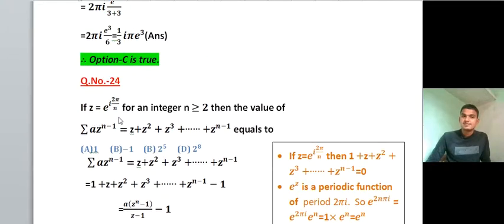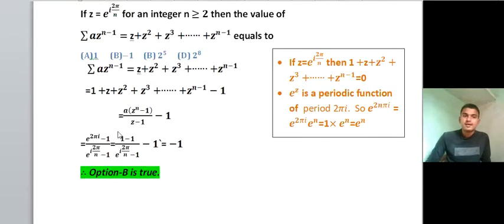You can see in the question, z is equal to e to the power i 2 pi by n. Here you will substitute it, so e to the power i 2 pi divided by n will be cancelled, giving e to the power 2 pi i minus 1, divided by z, so instead of z you will write e to the power i 2 pi by n minus 1. e to the power 2 pi i is equal to 1, so 1 minus 1 is equal to 0, and 0 divided by something is equal to 0.